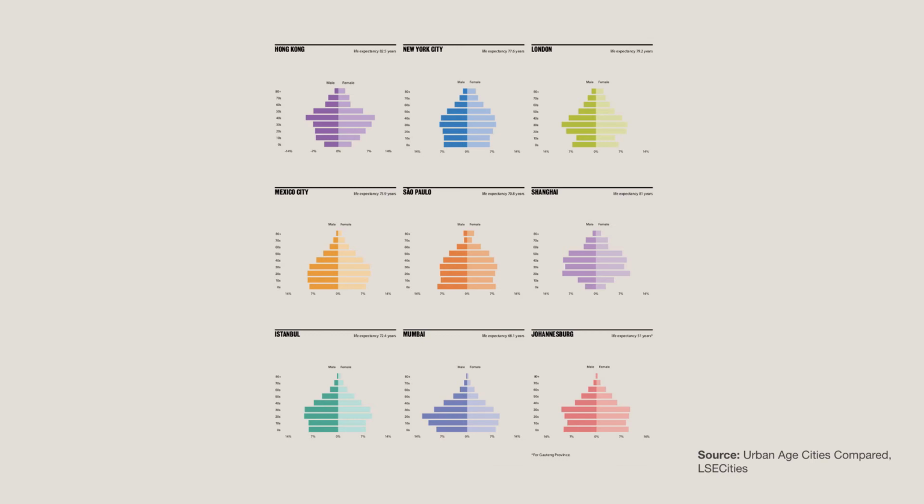And we can see that in this example here of the Urban Age cities compared. So we have each of these various cities across the world, and you can see that each of these population pyramids have different shapes. And this gives us some insight into the populations that are in these cities.